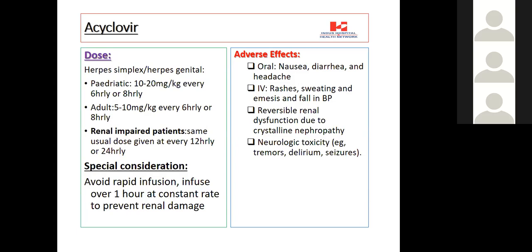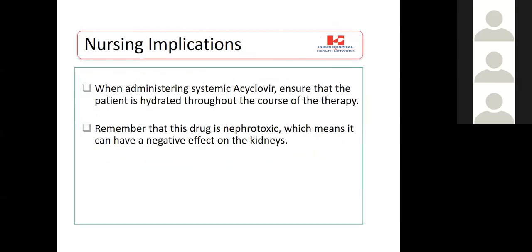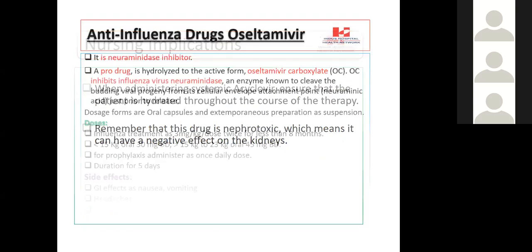Some guidelines also suggest pre and post hydration once we administer acyclovir. The oral form of acyclovir might produce some GI effects. As we discussed, there should be hydration before and after administration of acyclovir for the viral infections.